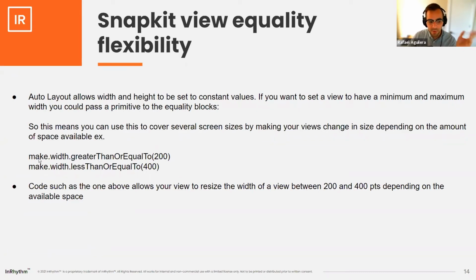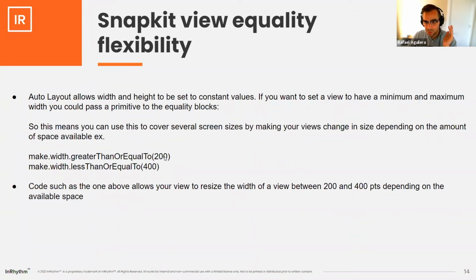So if I want my view to expand between 200 to 400 points, you can make the width greater than or equal to 200 and then make the width less than or equal to 400. So that means that the size of the button will literally change based on what it is able to use and what it needs to use and the constraints that you set up for it, which gives you a lot of flexibility.